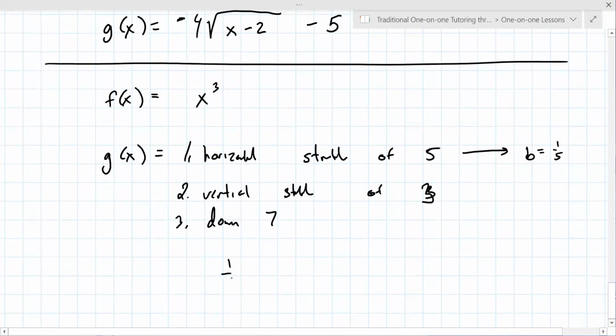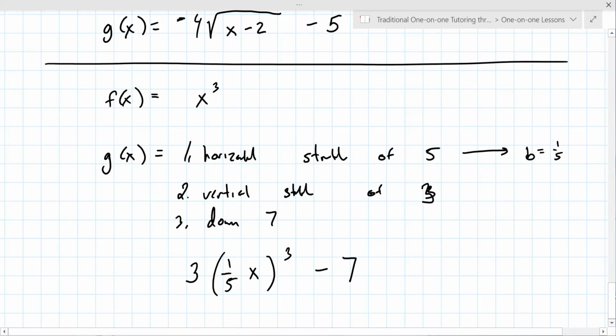So it's (1/5 x) cubed. Okay, that takes care of that. The vertical stretch of 3 goes out here, and down 7 is on the outside here. It's these horizontal ones that are much more difficult, I think, in general to do.